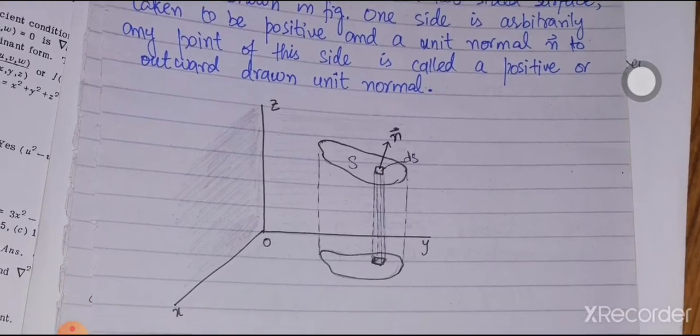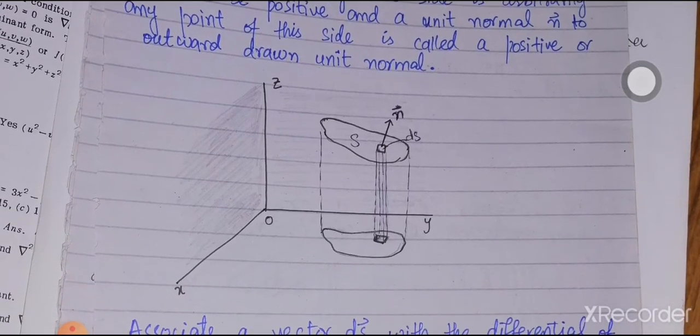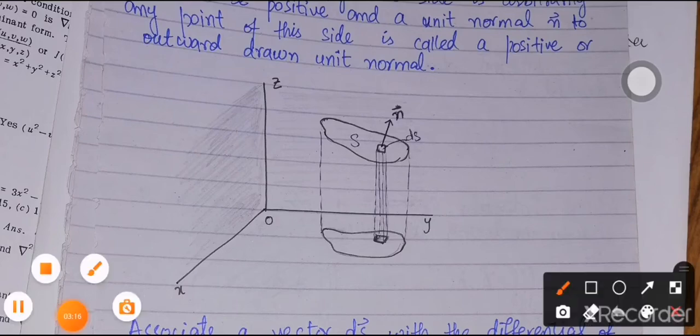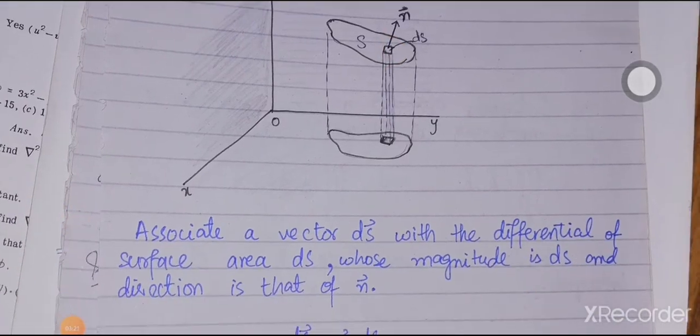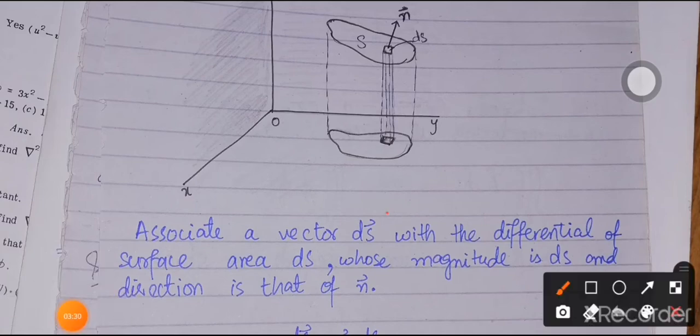Now this smaller portion is representing dS, where dS is basically the differential of the surface area, whose magnitude is dS and whose direction is in the direction of n. So we define a vector dS whose magnitude is equal to the differential of surface area dS, and its direction is in the direction of the unit normal n.